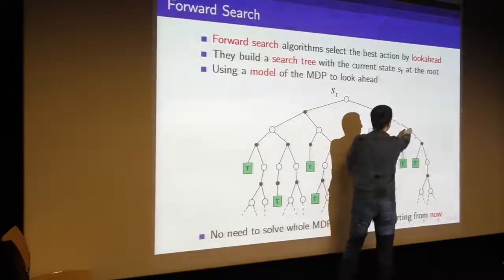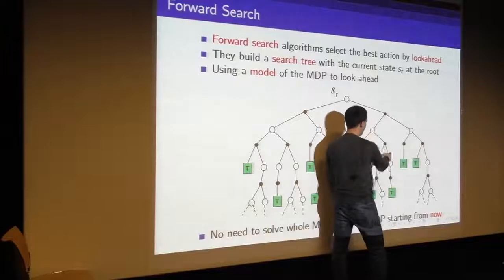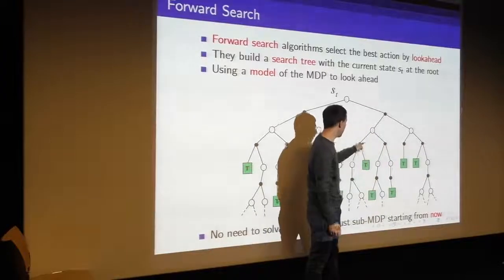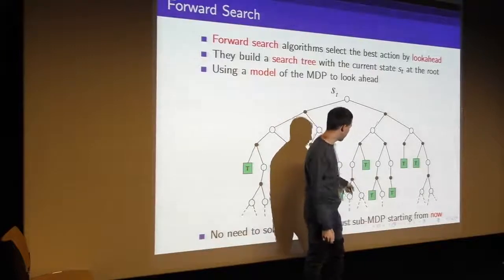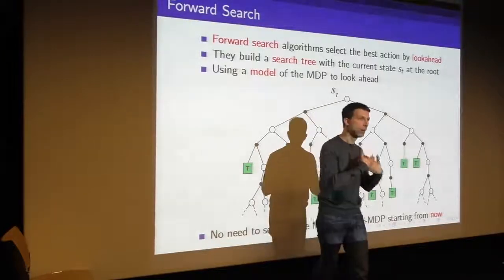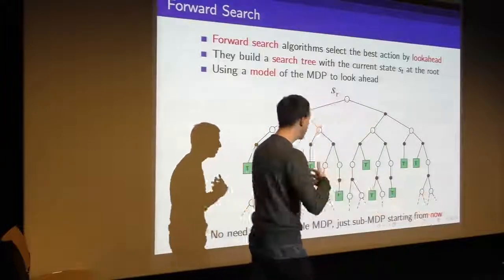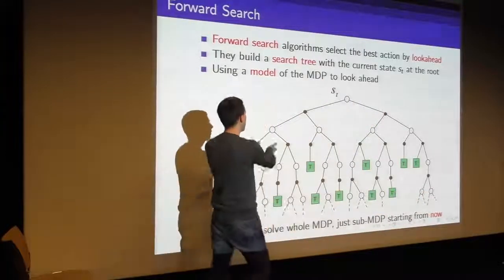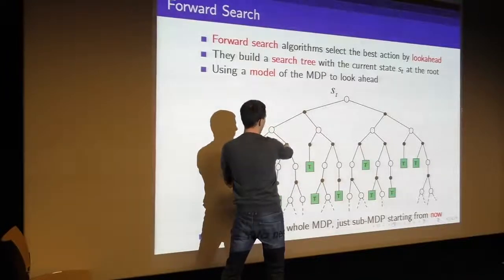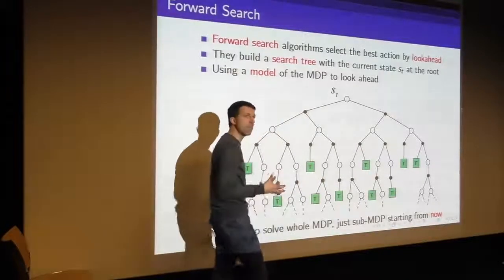The wind might blow me to here or to here, and then I could take this action or this action. That might terminate the episode. This might blow me to here. Take this action here, and so forth. You can build the whole search tree. You can look ahead. You can use your model to tell you what will happen next for each of these. And the model tells you, if I take this action, I could get blown here, or I could get blown here. We have the model.